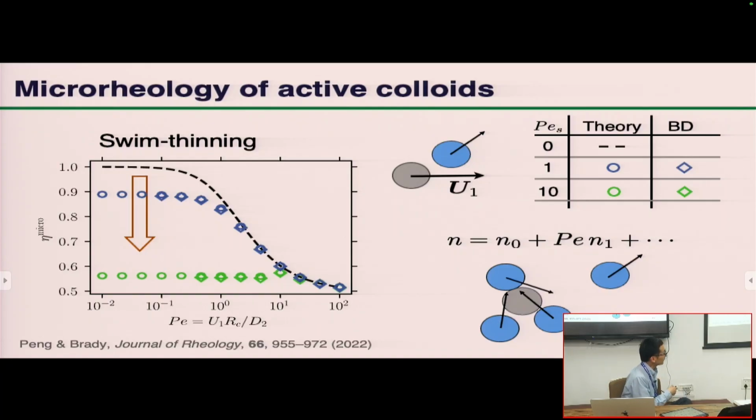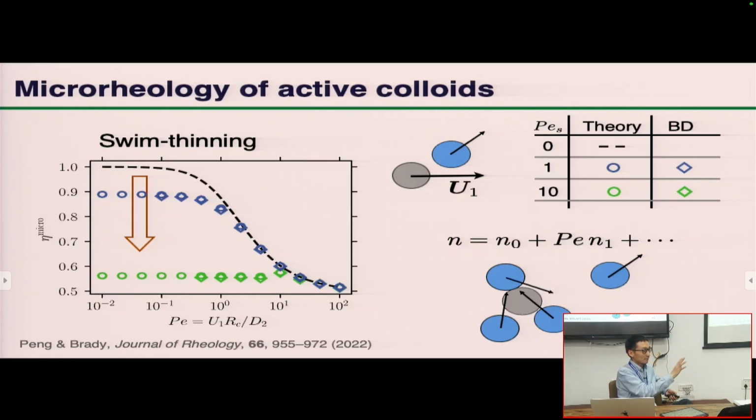The reason that swim thinning happens is that if a particle is active, it's swimming, so it can only stay near the probe if it's pointing into the probe. If the active particle is pointing outside the probe, it's going to escape away, which means that only half of the orientational degrees of freedom of the bath particle can be near the probe.